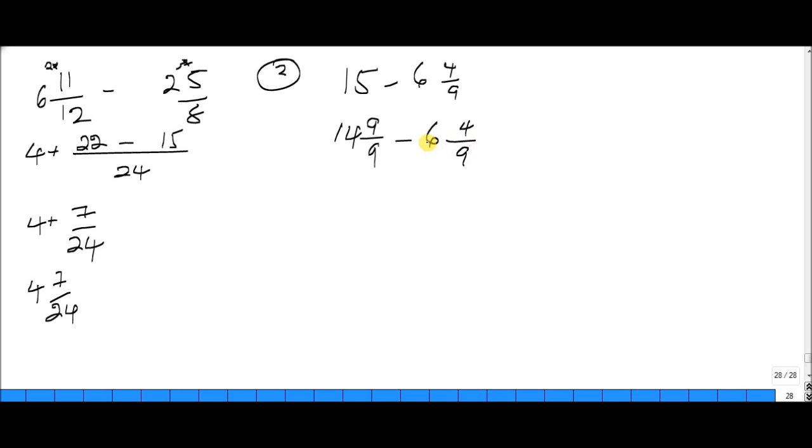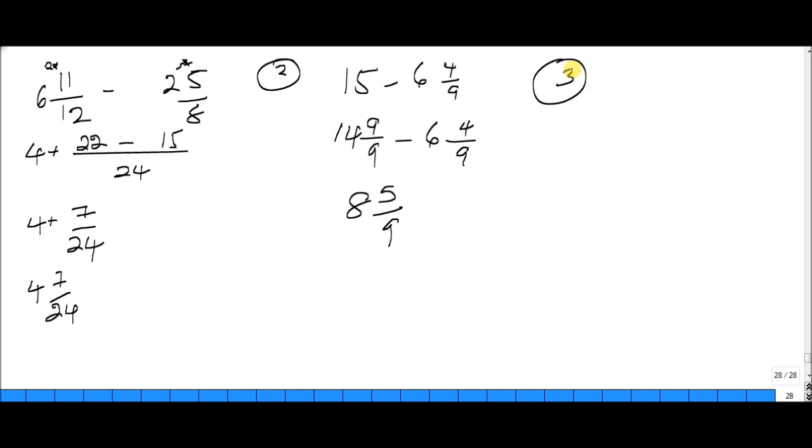So we say 6 from 14 would leave us with 8, and because the denominators are the same, we say 4 from 9, so we have similar denominators, so we don't need to worry about finding an LCM as we did there. So 4 from 9 would be 5 over 9, so 8 and 5 ninths.